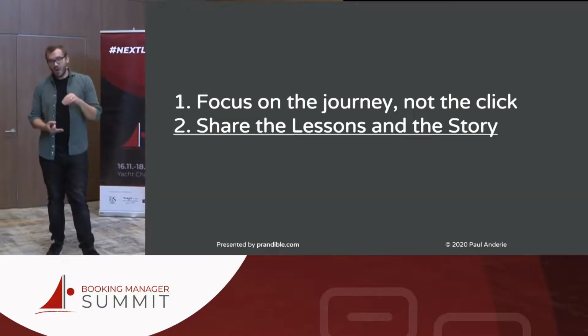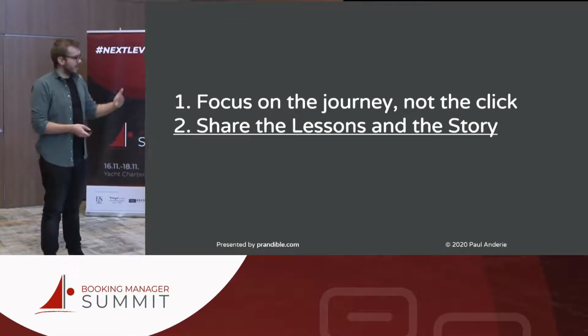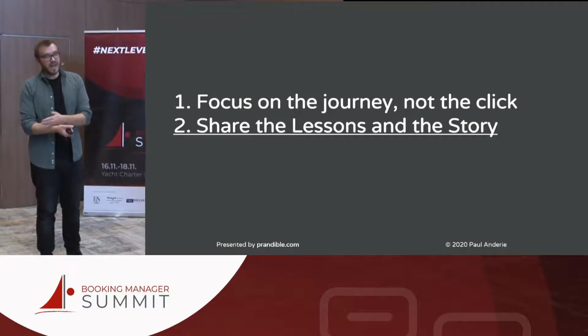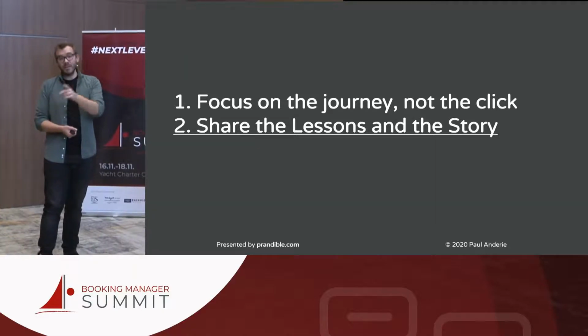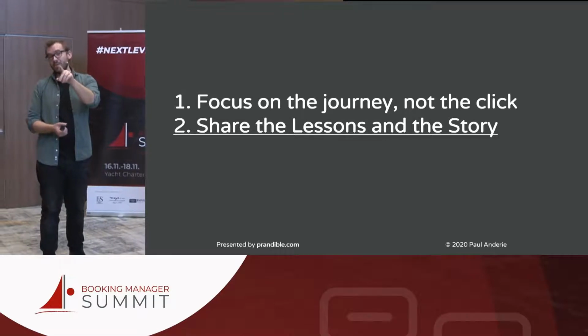Number 2, on how to use email marketing automation professionally, is that you need to share the lessons and the stories. I've seen so many emails at the moment, and I subscribed to some of you who are watching, and some of them were really, really bad. Some of them were okay. Some of them were also good.